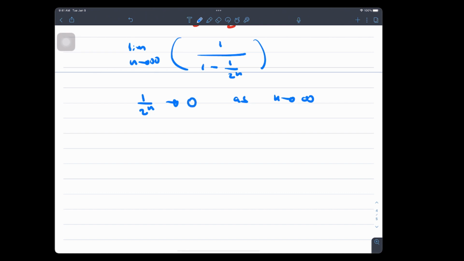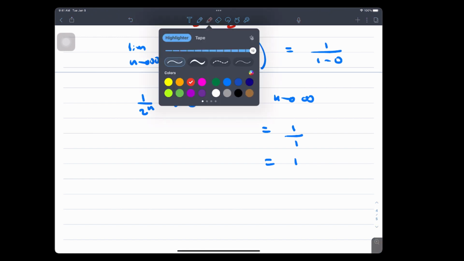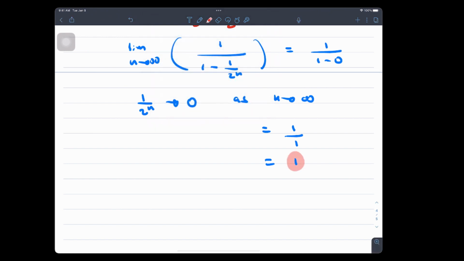Doesn't that go to 0? So then this limit is really going to be 1 over 1 minus 0, which is 1. What do you guys know about the number 1 here? Isn't that positive and finite? So I put that greater than 0.